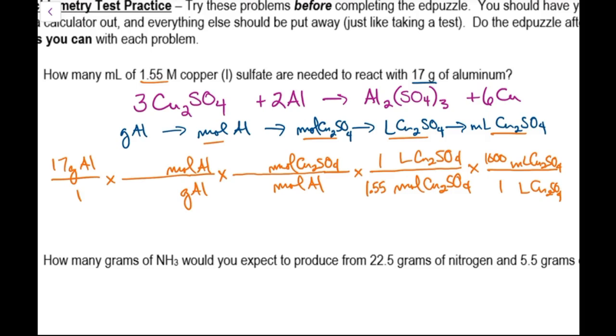The mole-to-mole ratio, Cu2SO4 is 3, Al is 2, and then the mole to gram ratio comes from the periodic table. And if I look at the periodic table, the mass of aluminum is 26.98 grams. Go ahead and cancel everything that cancels, which should be everything right up to milliliters of Cu2SO4.